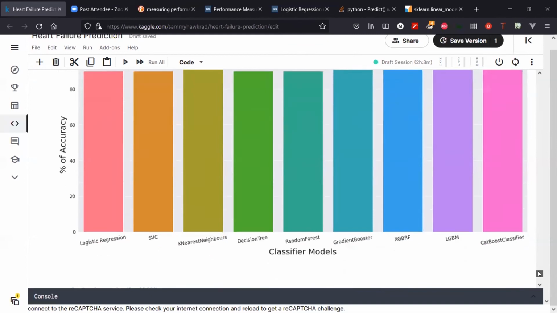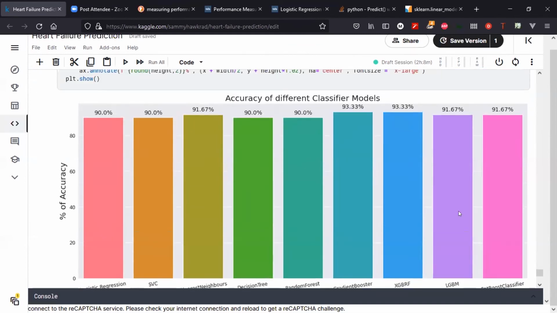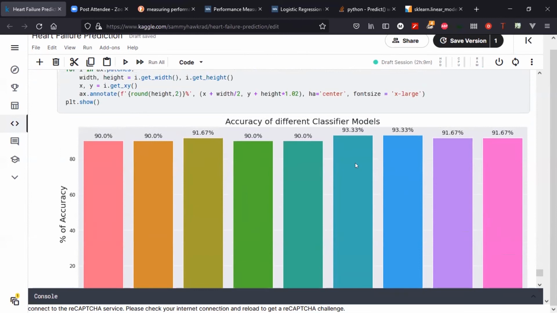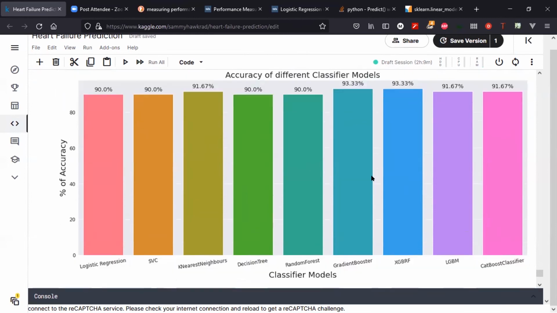There are several other ways to determine the performance of a model. Accuracy is just one of them. It could be precision, the F1 score, the recall. But in this machine learning training, we just chose the accuracy to see the results.